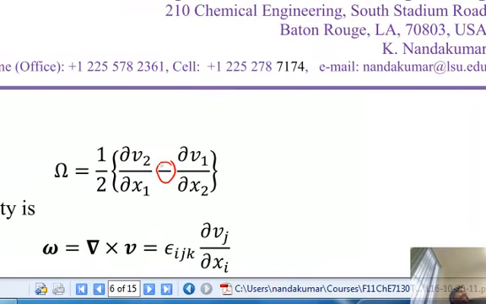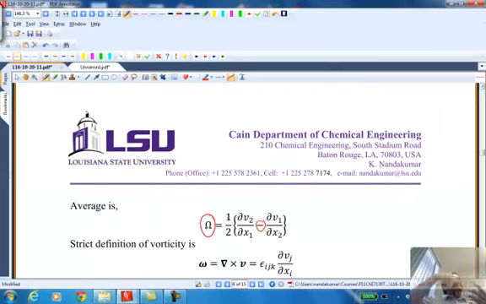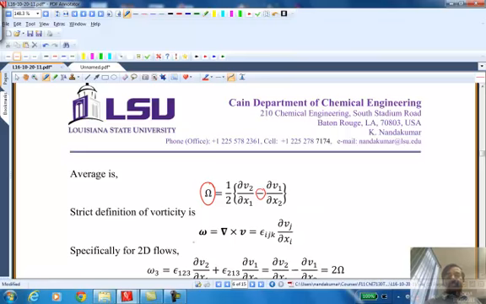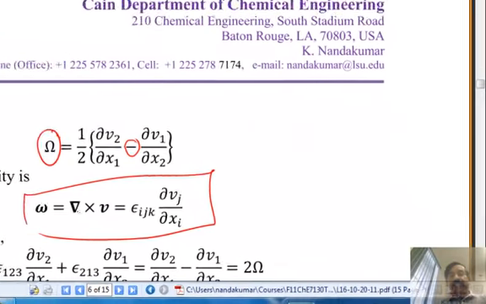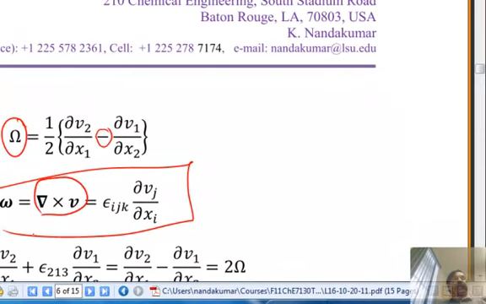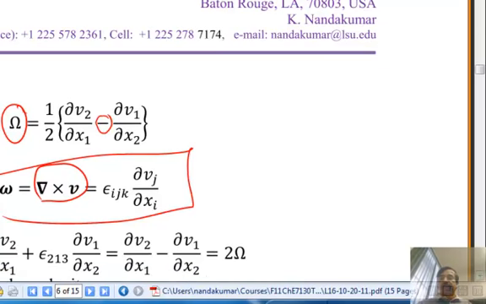So that's one definition from a physical interpretation, that vorticity is twice the angular velocity, and it's a measure of the local sense of rotation at every point in a fluid element. Now the strict mathematical definition of vorticity is the curl, indicated by omega, the curl of the velocity, del cross v, and in index notation it is epsilon ijk dvj dxi.